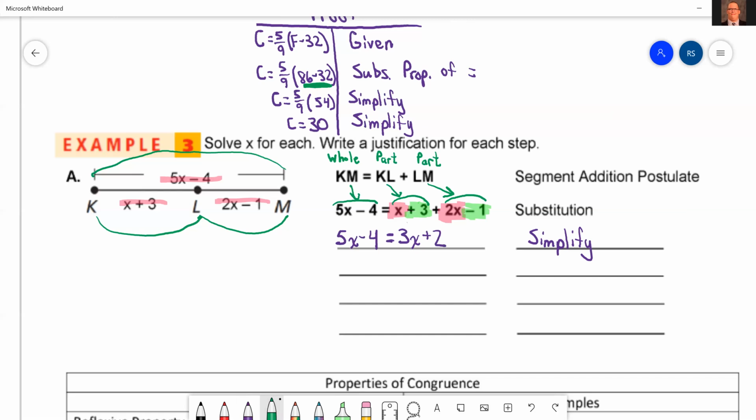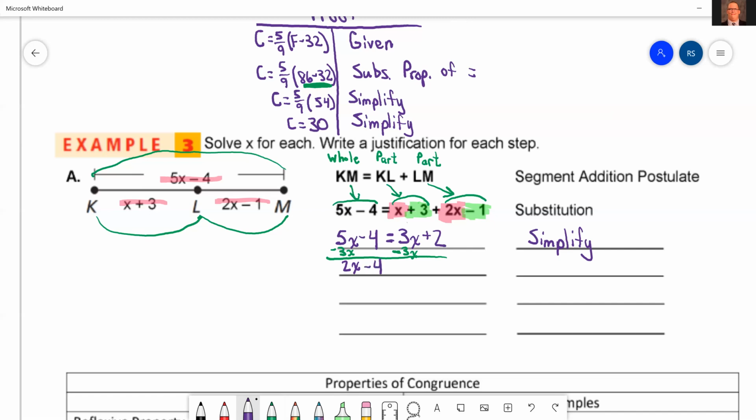There's multiple ways to solve this, but remember yesterday I said let's move our variables first. So I'm going to move my 3x over. Okay. So 5x minus 3x is 2x.